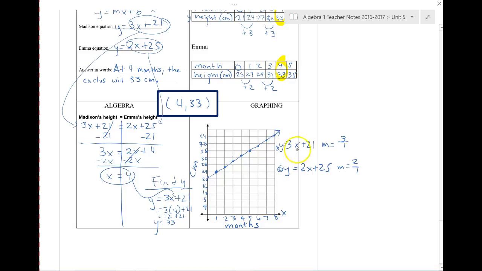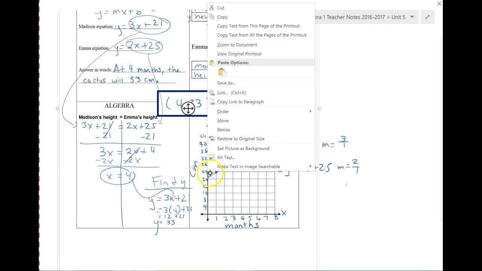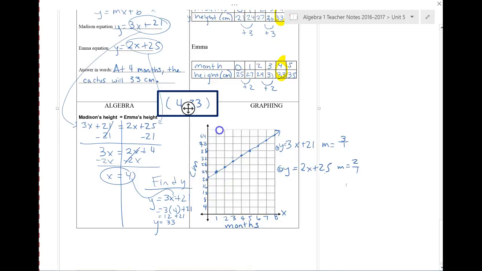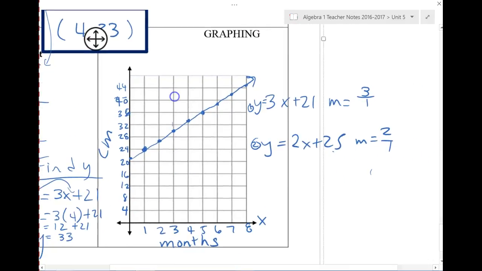Okay, and now I'm going to start with the other equation, which starts at 25. So 25 is about right here. Actually, let's zoom in a little bit, make it a little easier. Okay, so there's 25, and then we go up by 2s this time. So 25 plus 2 is 27. So go up 2, 27 there, and over 1.